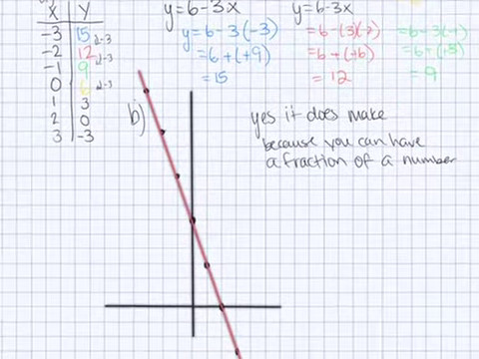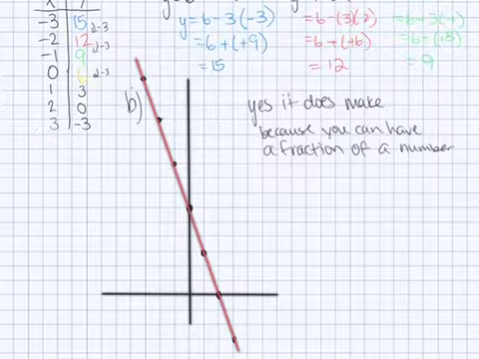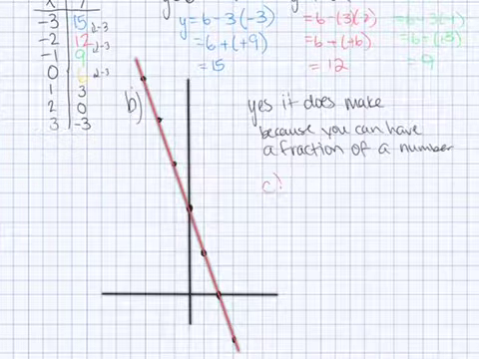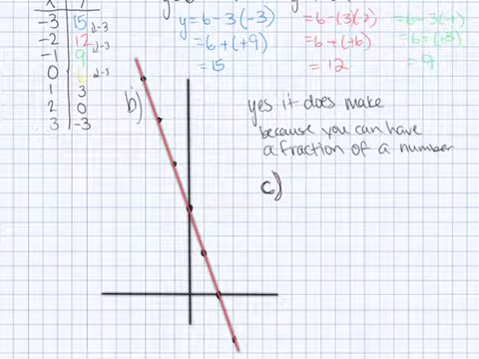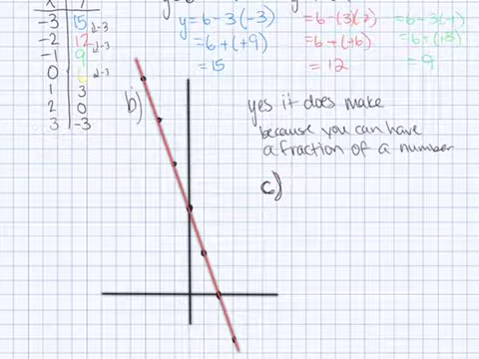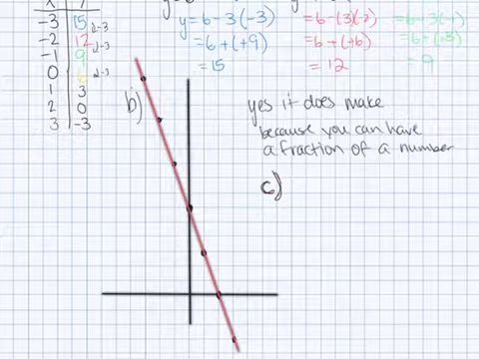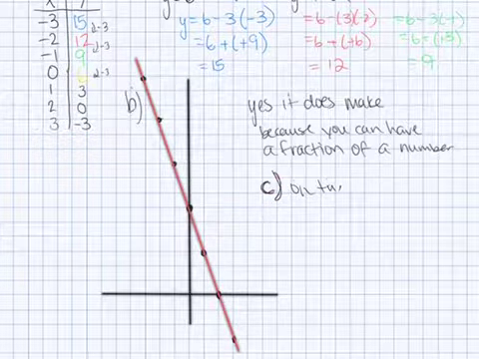Now C says, again, it's that same question. I'll change it back to black. C says, what are the patterns emerging from this table? On the graph, it should be exactly the same as the pattern that you see in your table.